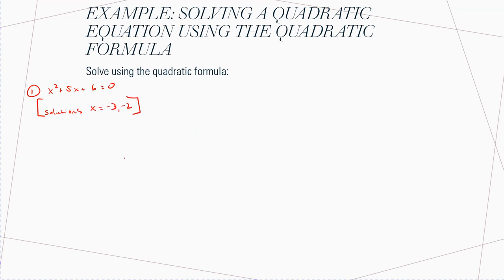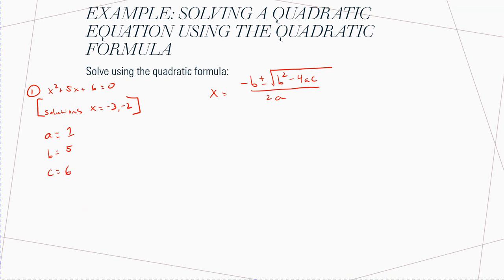So the way this formula works is x is equal to -b plus or minus the square root of b squared minus 4ac all over 2a. This plus or minus means you have two solutions: one where you add and one where you subtract. What you have to figure out here is what a, b, and c are. a is the value in front of the x squared. Well, there's nothing there, so it's a 1, a really invisible 1. b is the 5, and c is the 6.